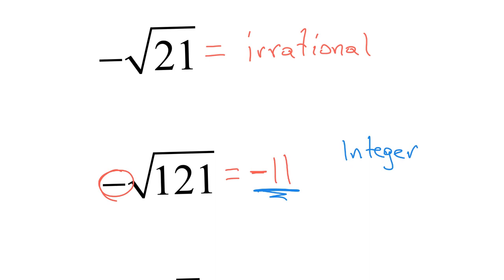So it's not a whole number, even though it's not a fraction, because it has a negative. It's not a natural number, because those only include the positive numbers, and whole numbers include the 0 and the positive numbers. But this is negative 11. It is an integer, and we can also say rational number. So we have two names, integer and rational.